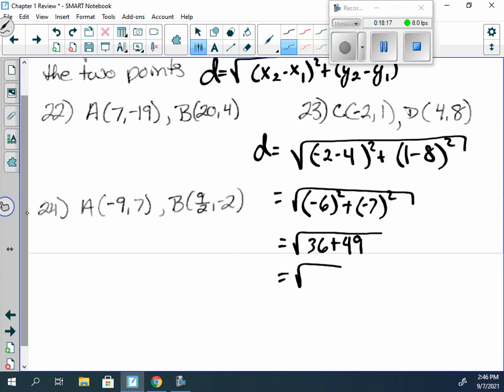And 36 plus 49 is going to be 85. I don't believe there's any way to reduce it except down to a decimal. And that's all we'd have to do. Any questions on this here? Are you good with this here? Yes? Okay.